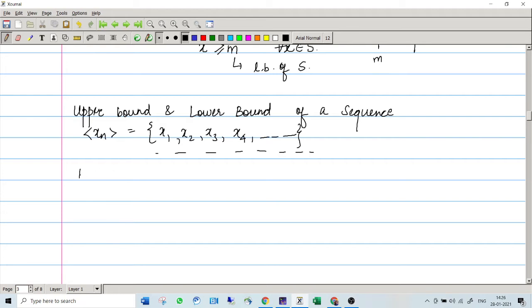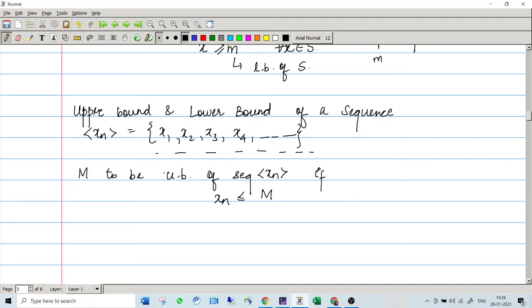So we call M an upper bound of the sequence xn if each of the terms of the sequence, each of these xn's, will be less than or equal to this particular number M, right? And this should be true for every single n possible.